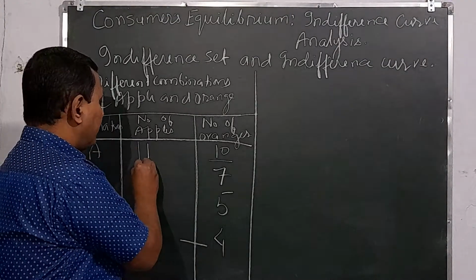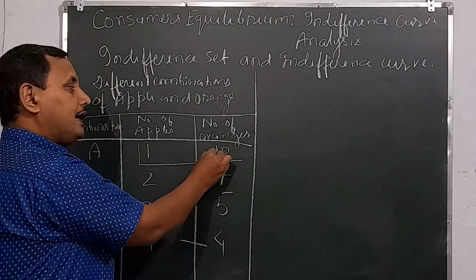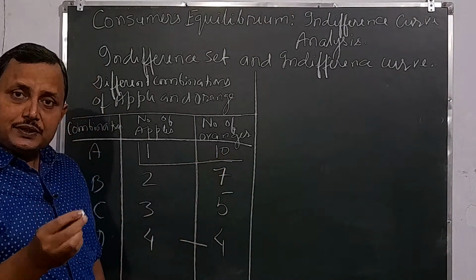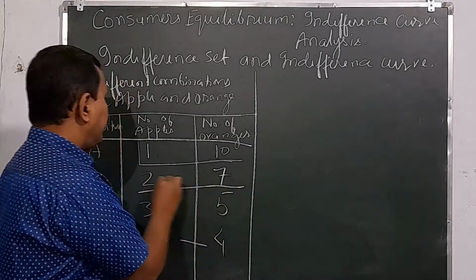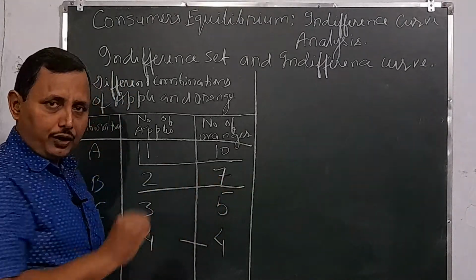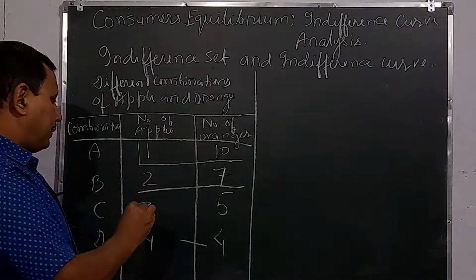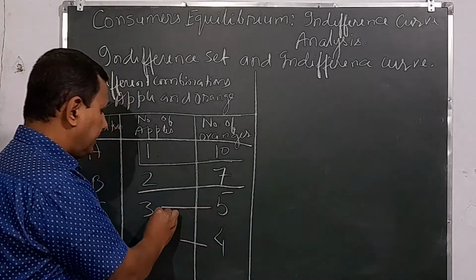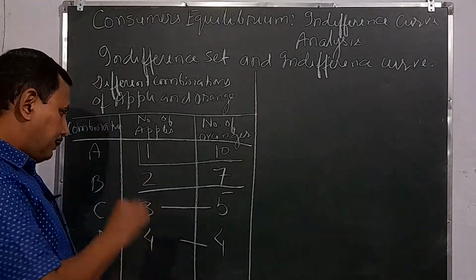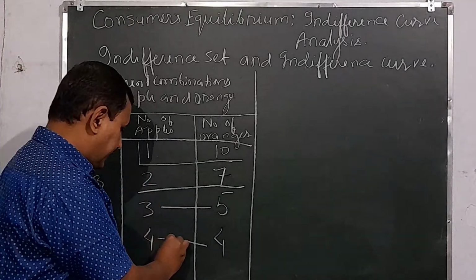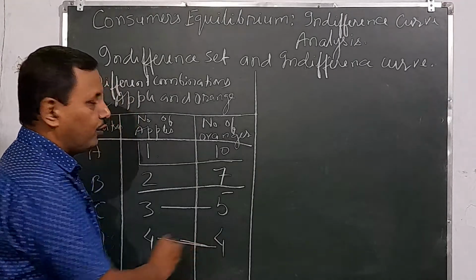Whatever satisfaction he gets from 1 apple and 10 oranges, the same satisfaction he gets from 2 apples and 7 oranges, from 3 apples and 5 oranges, and from 4 apples and 4 oranges.